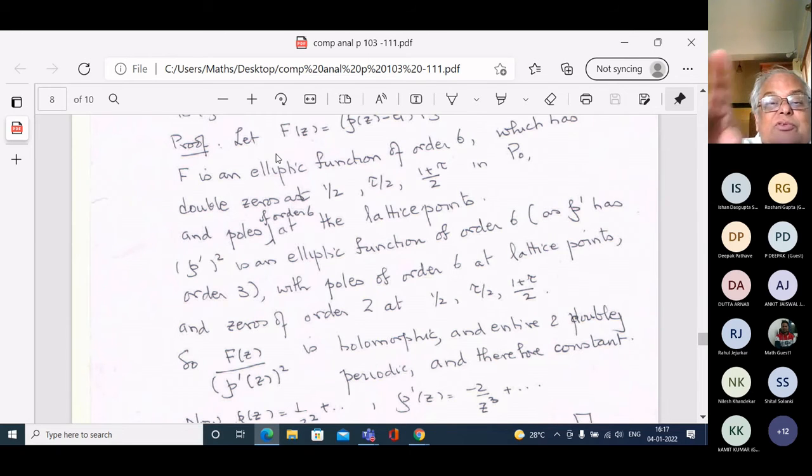℘′ has a zero of order 1 at 1/2, at τ/2, and at 1 + τ/2. Therefore, ℘′ squared has zeros of order 2 at 1/2, τ/2 and 1 + τ/2. Therefore F(z) over ℘′(z) squared is holomorphic, entire and doubly periodic, and therefore constant.